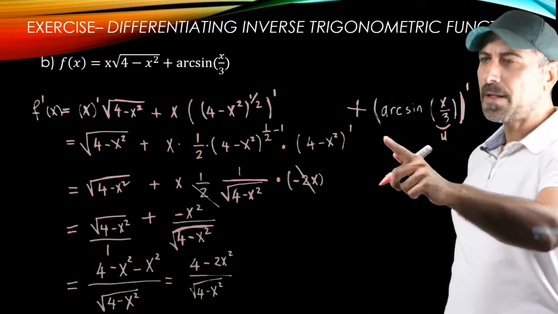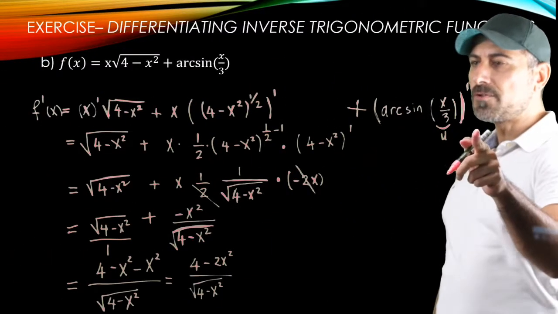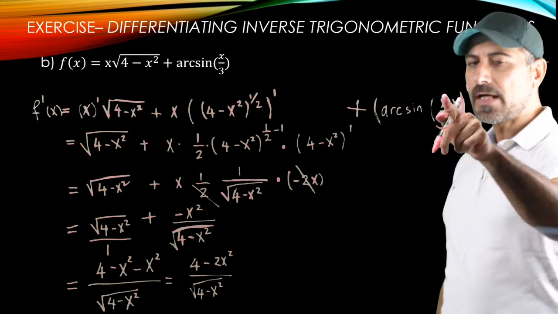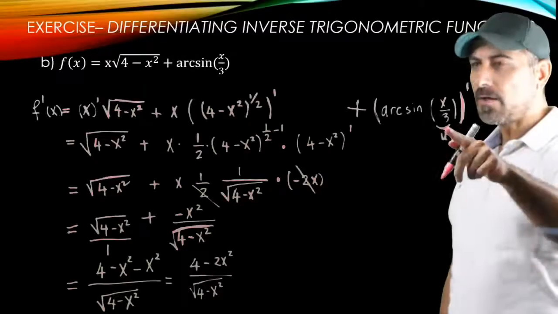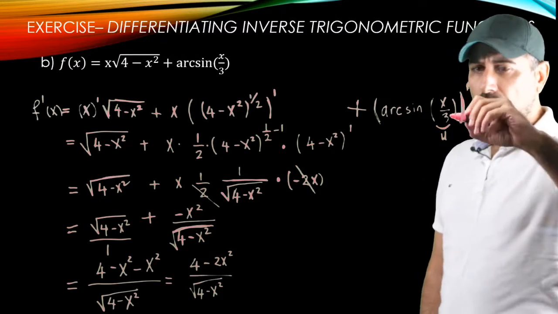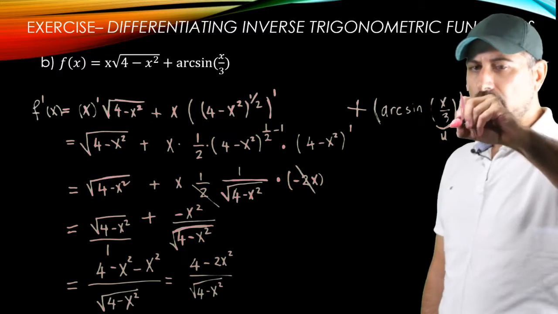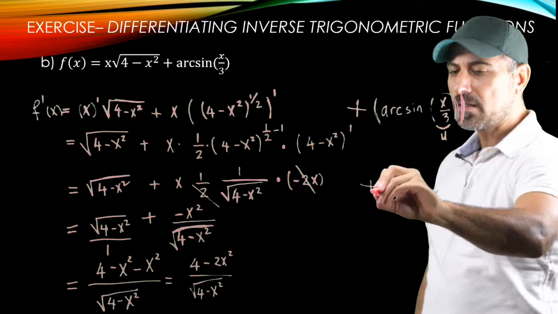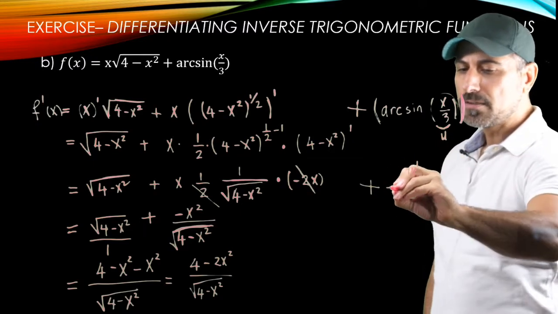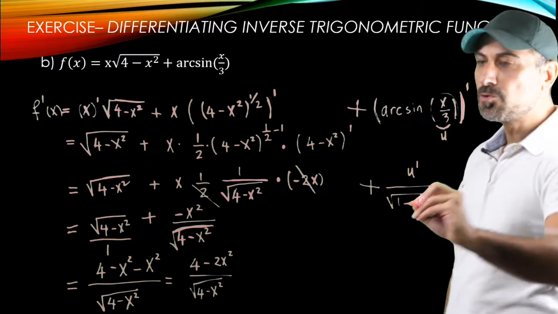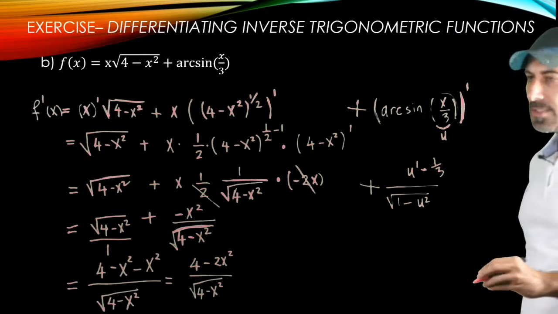All right, in the next step, I'm going to add the derivative of the last piece to this piece here. So I put a plus sign here, arc sine x over 3 prime. If we use the formula derived in this lecture notes, calling this argument u, all we're going to do is use the formula, which is u prime divided by radical 1 minus u squared. So let me just continue from here.